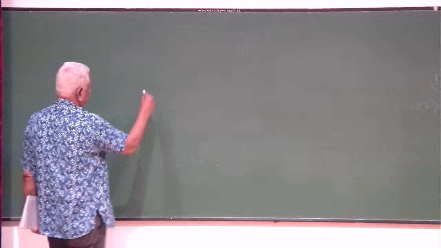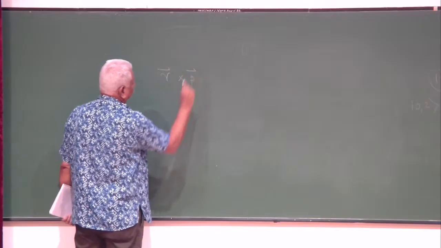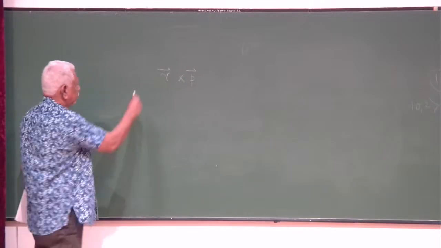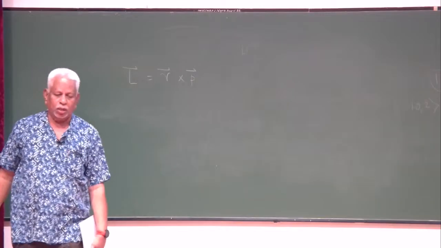Angular momentum, as you have heard in classical mechanics, is given by r cross p. You are aware of it, right? This is your angular momentum L as a vector. So let us write down.